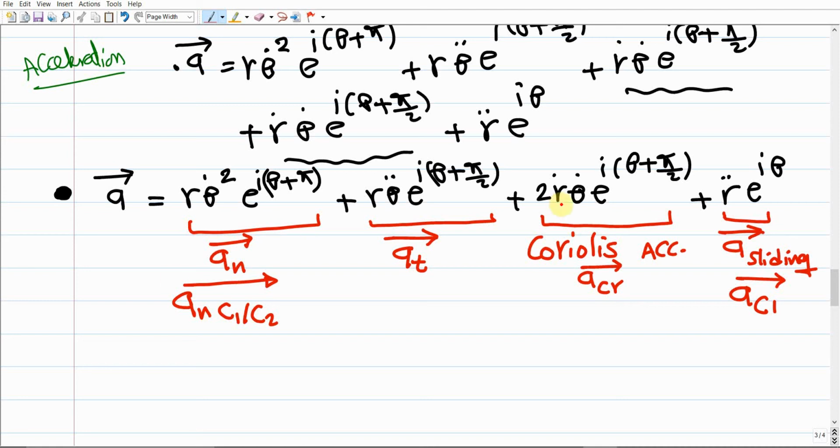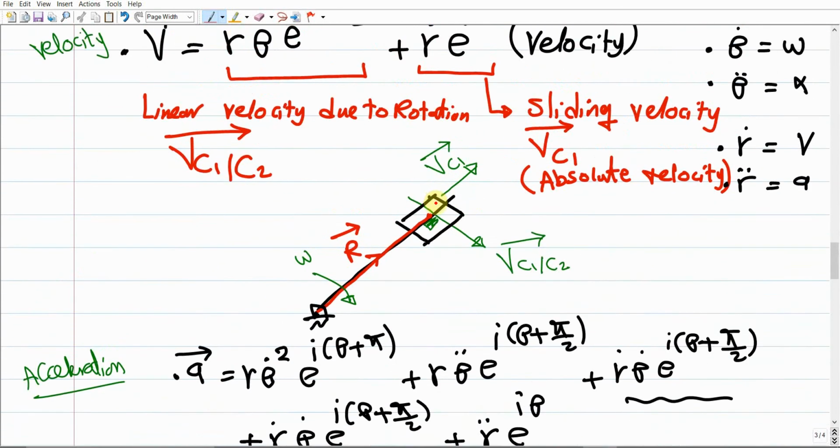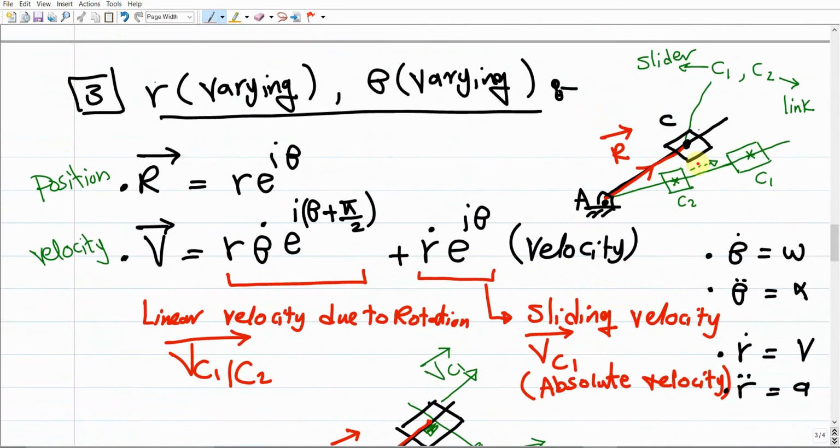But these three terms include either theta dot or theta double dot. It means that they do depend on the rotation of the link. So that's why these are relative terms that describe C1 with respect to C2. And this is going to be the a tangential of C1 with respect to C2. What are C1 and C2? Again, these are the virtual points that we defined before, in such a way that C2 is the point C that belongs to the link, and C1 is the point C that belongs to the slider itself.